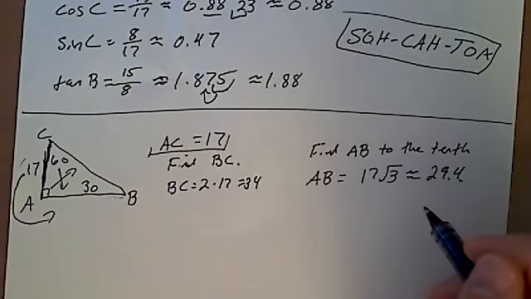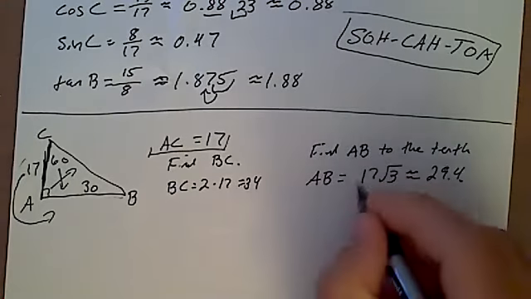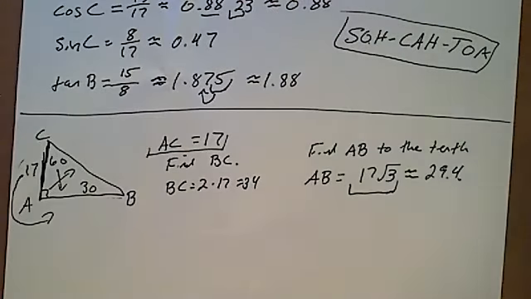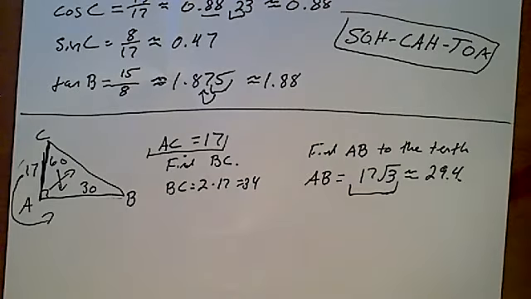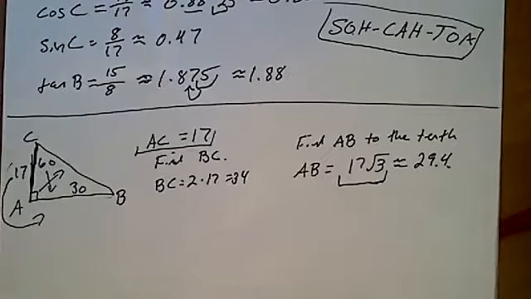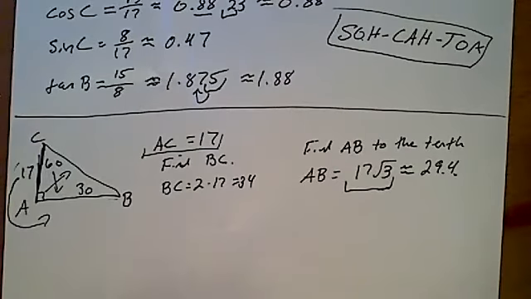Again, just checking to make sure your calculator works right. I would type this into your calculator and make sure that you get 29.4. If you get something different, it's because your calculator is reading what you're typing differently. For instance, it might take the square root of 17 times 3, which is not what we want to do here. Right?